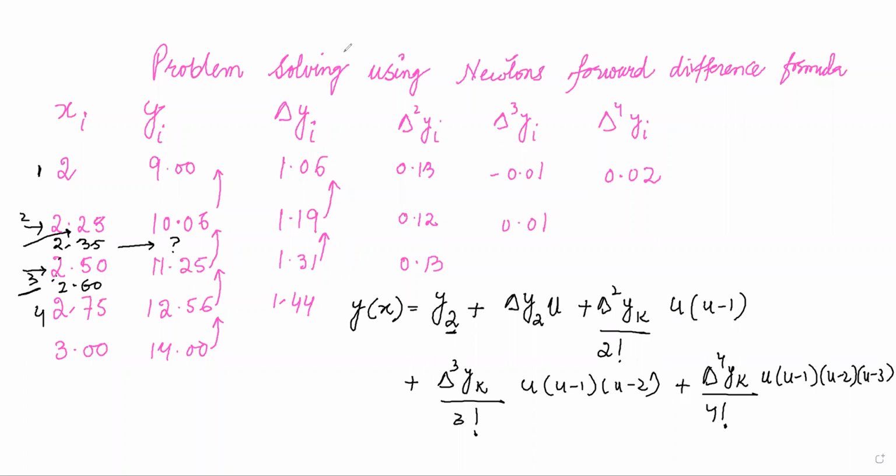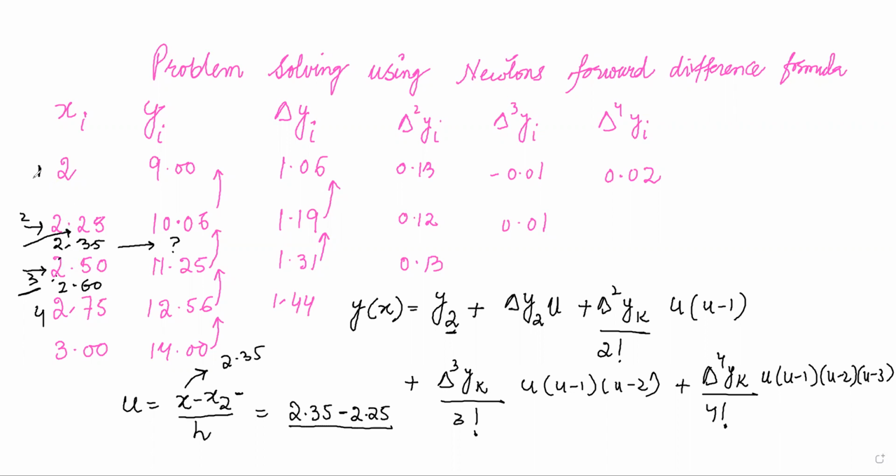Okay, so as far as u is concerned, our u is equal to x minus x2 divided by h, as we had already done in the derivation. The x that is given to us is 2.35. So that is 2.35 minus x2, the point from which we are starting our interpolation, which is 2.25, divided by h, the difference between x2 and x1.